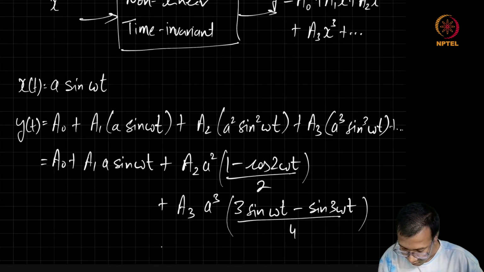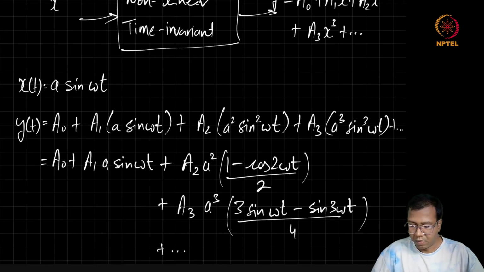Okay. And so on. If we have more terms, accordingly, using trigonometric identities, we will be able to convert those terms into a form where we can talk about the frequency content of the contribution from those specific terms.